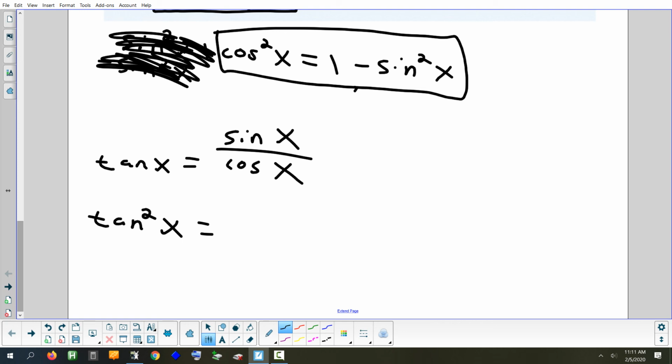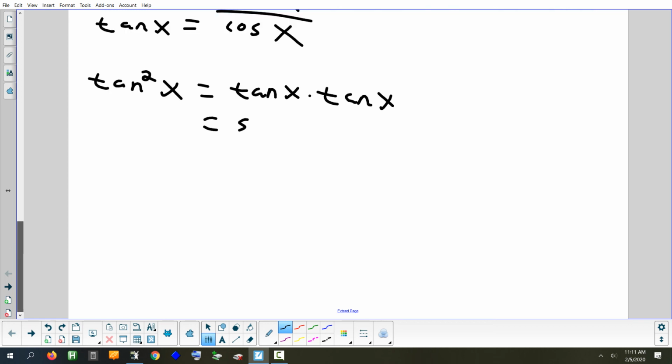Multiply by itself. It's tangent times tangent. Well, now look up above and see what tangent is. Tangent is sine over cosine. Sine over cosine times sine over cosine.